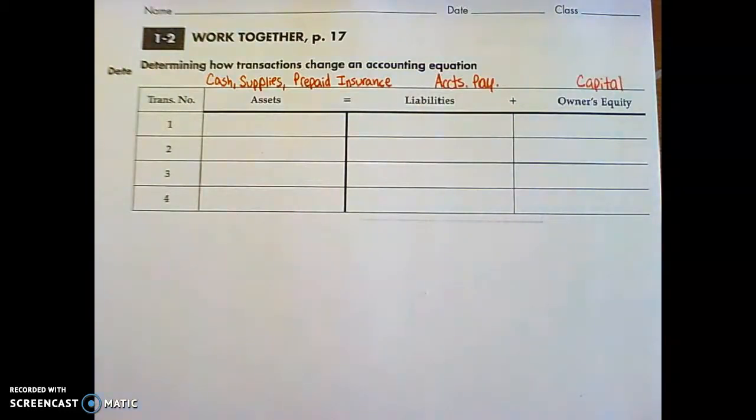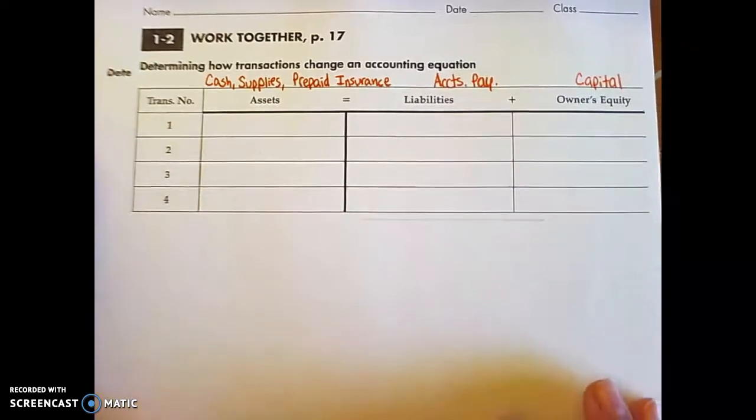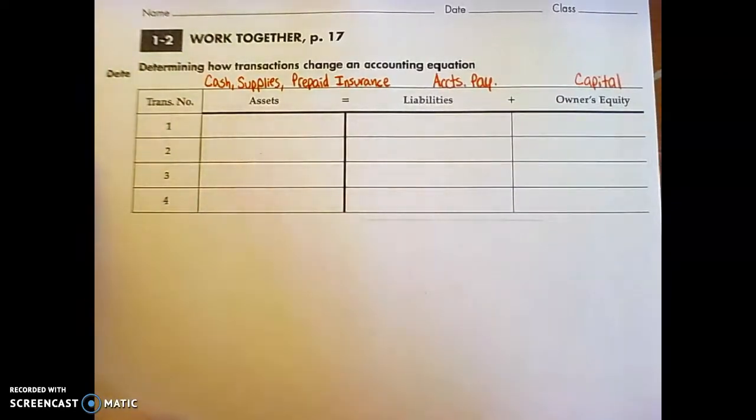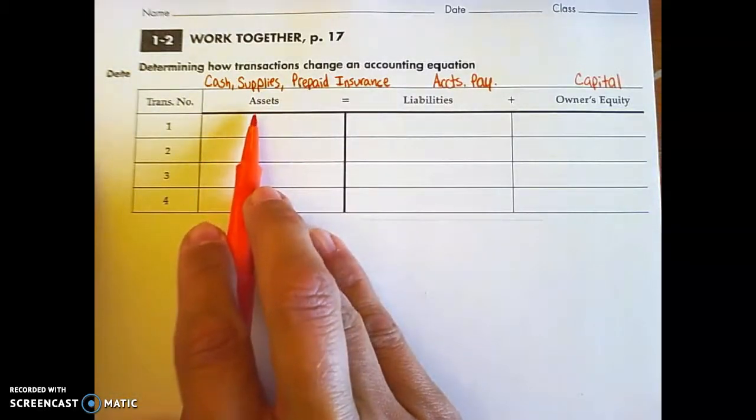So let's go through these four transactions here. The first one, we bought supplies on account. So if we just look at that transaction here, bought supplies on account, we can see supplies is there. We bought supplies, and supplies is an asset. Now you think we're going to write either a plus or a minus.